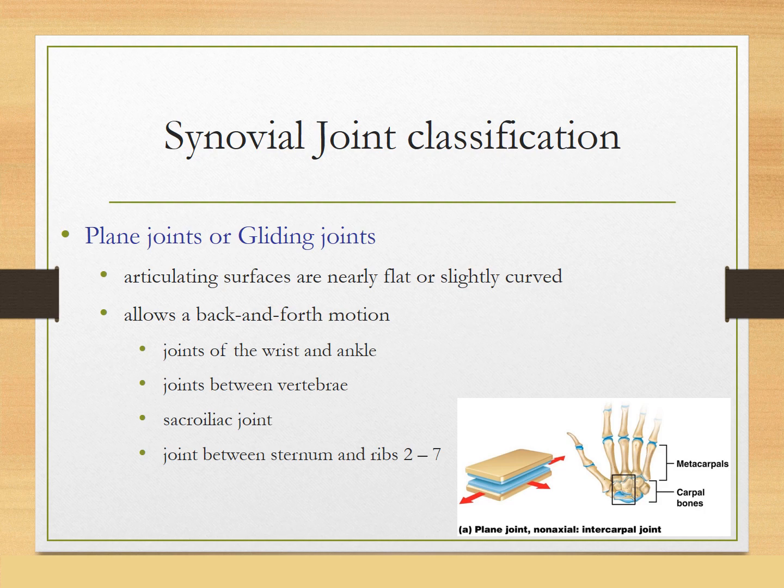Remember, the vertebrae are stuck together, kind of like a jigsaw puzzle, and the bottom of one vertebra is going to articulate with the top of the one beneath it. A plane or gliding joint is also found at the iliosacral or sacroiliac joint, and the joint between the sternum and ribs 2 through 7. So you have a little bit more stability in the joint between the sternum and rib 1.